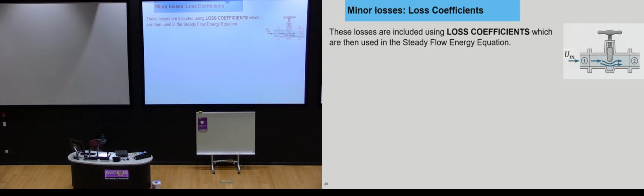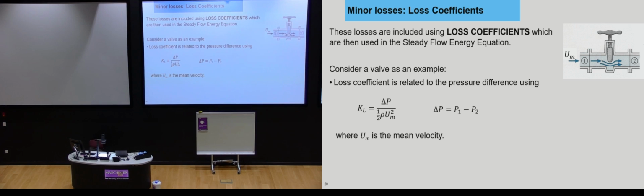How do we take account of the minor losses? This is where we now use loss coefficients, and we can include these in the steady flow energy equation which we derived. So if we consider this, we've got a valve here as an example. We've got 0.1 on the left and 0.2 on the right, and here's our mean velocity coming in. And we use a loss coefficient which relates to the pressure difference. So here is a loss coefficient.